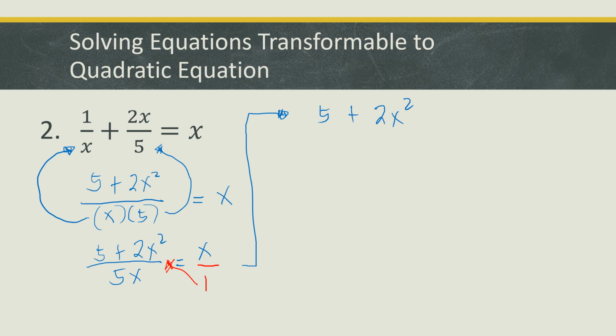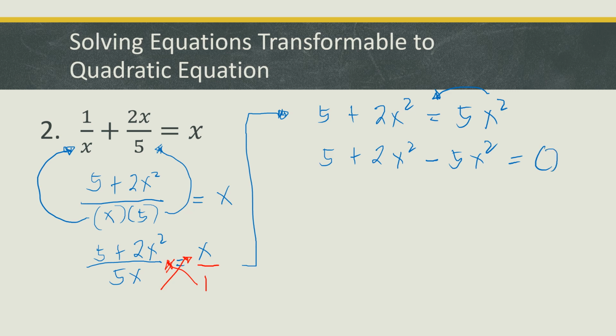And cross multiply 5x to x, and that is 5x squared. So let us equate it to 0. Transpose 5x squared. We have 5 plus 2x squared minus 5x squared is equal to 0.